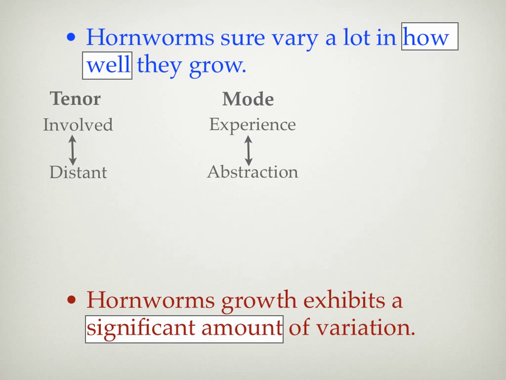The field where significant amount is understood in terms of the procedures and standards of the practice, in this case the practice of biology. So significance is defined not in the hornworm's terms, what is good and proper for hornworms, their telos, but what the field deems significant.